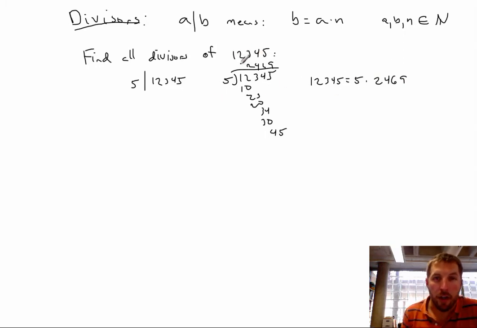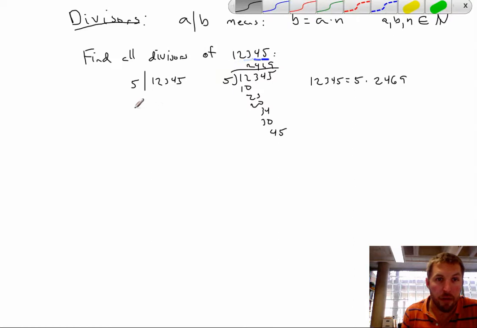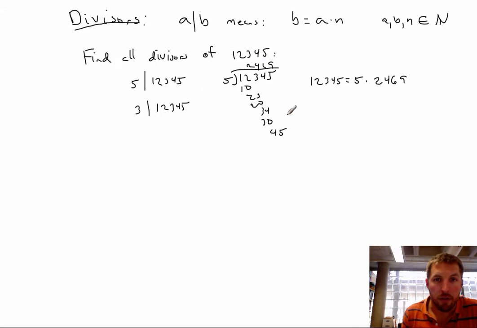Let's see here. If you add up all the numbers, we have 1 plus 2 plus 3 is 6, plus 4 is 10, plus 5 is 15. 15 is divisible by 3, so we actually know this is divisible by 3. 3 divides 12345. So 12345 divided by 3 gives us 4115.